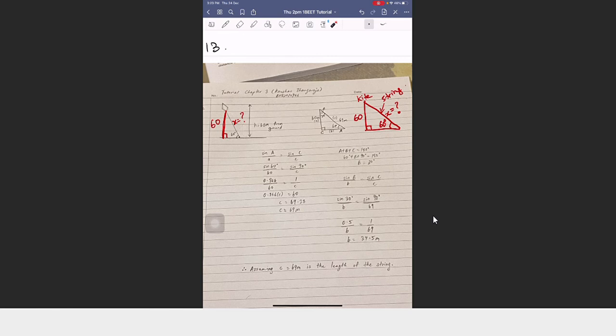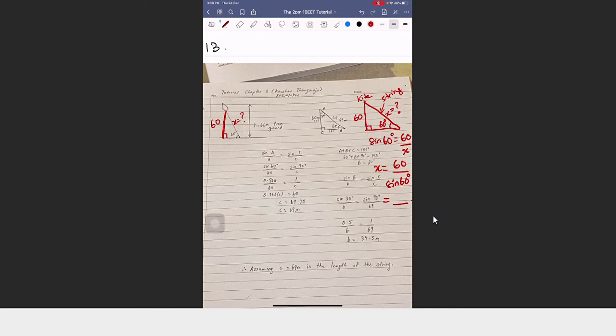So this is the opposite over hypotenuse, and opposite over hypotenuse is sine. So sine 60 degrees equals 60 over x. So x is 60 over sine 60 degrees.